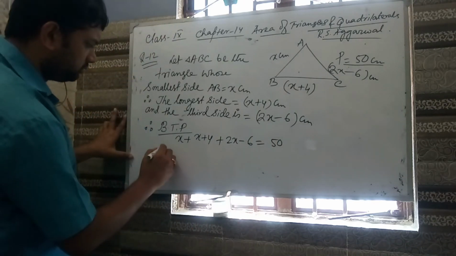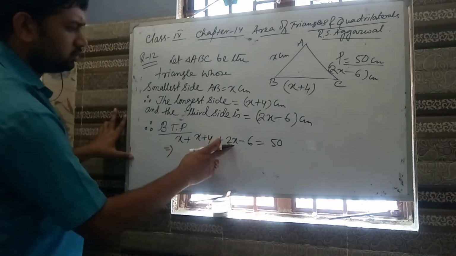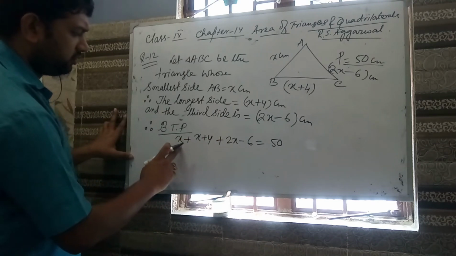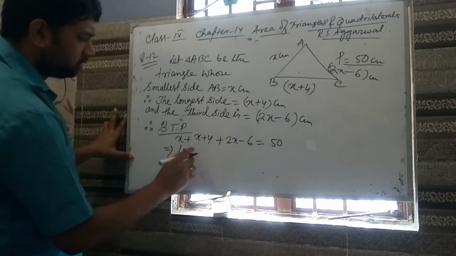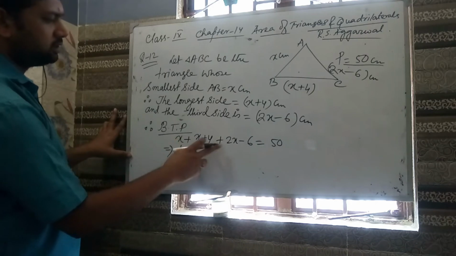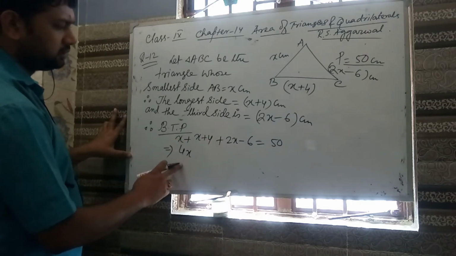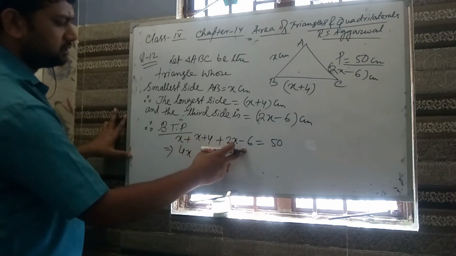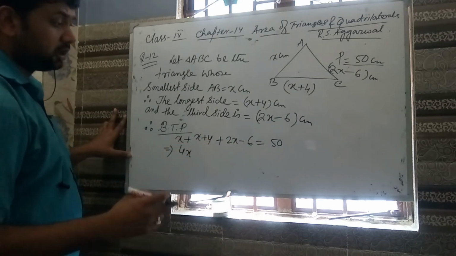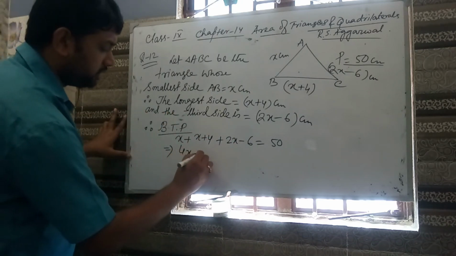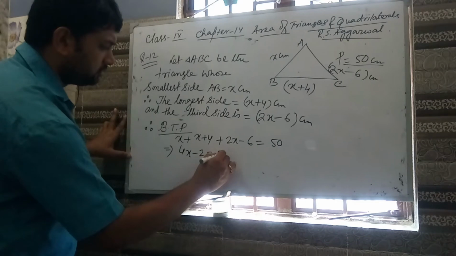Calculate this one, that implies 1x and 2x, so 4x... so 4x plus 4 minus 6. So it is minus 2. So 4x minus 2 equal to 50.